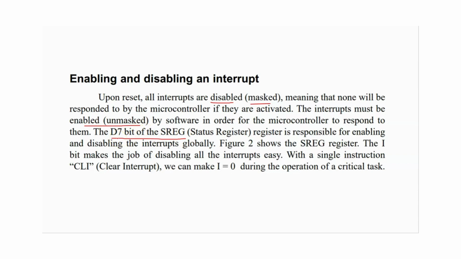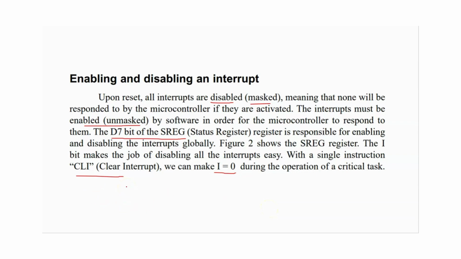So this is global level enabling and disabling, and there is also lower level enabling and disabling. With a single instruction, clear interrupt, we can make this bit D7 zero, and by doing this, the interrupts will be disabled.